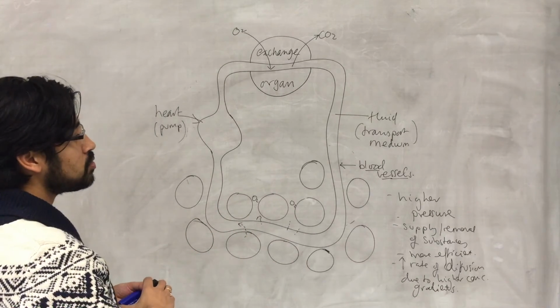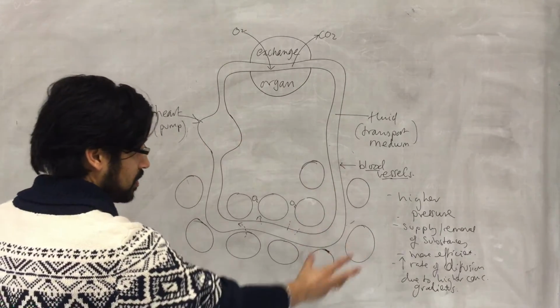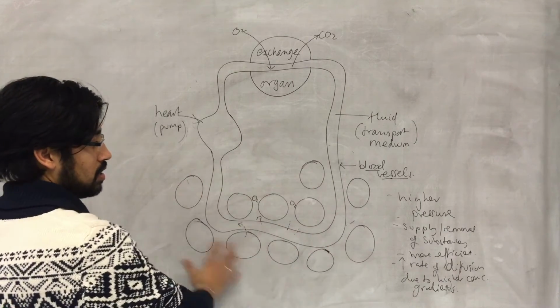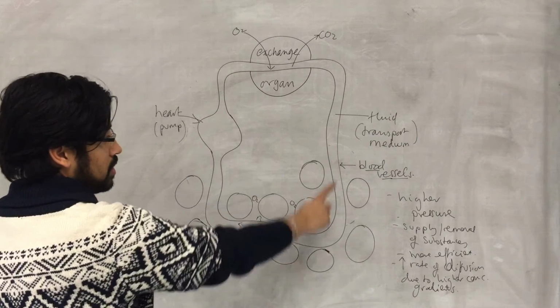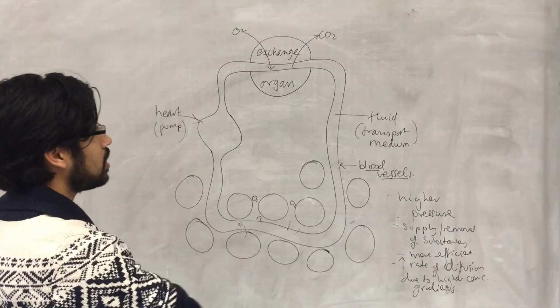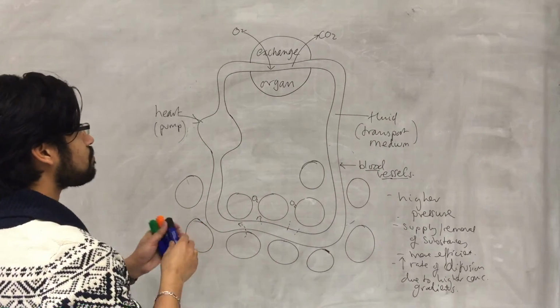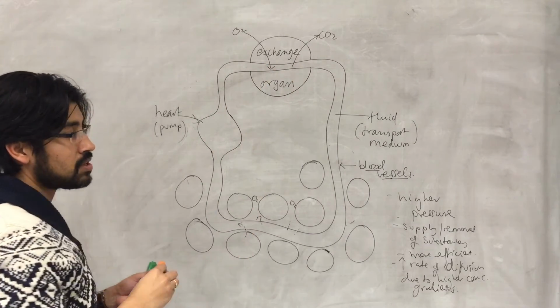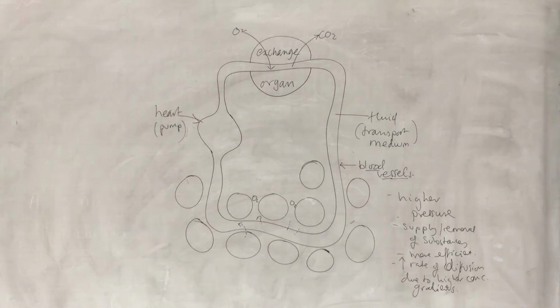Now, one way to increase the efficiency of the supply would be to raise the pressure at which the fluid is flowing. But at some point, the pressure is going to be too high for the exchange organ, okay?